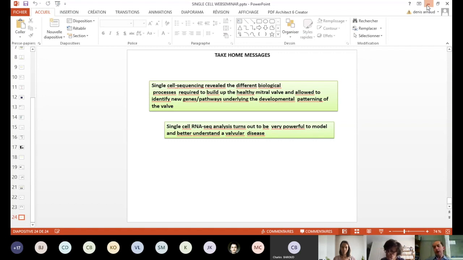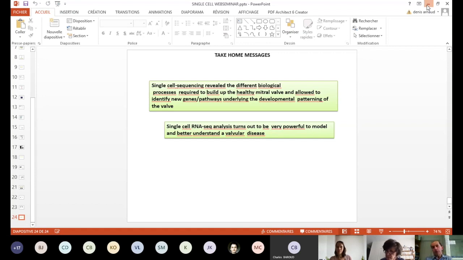So we had to collect a lot of embryos, and we collect the embryos at E9.5, but then we select in the litter only the embryos which have between 18 and 22 somites, because you know that there is a lot of variability in development. So we try to select only these embryos.